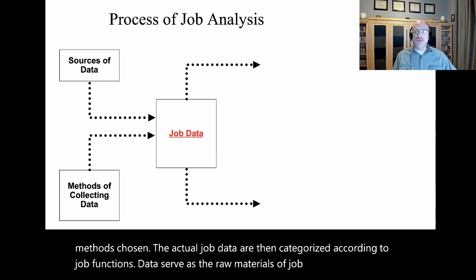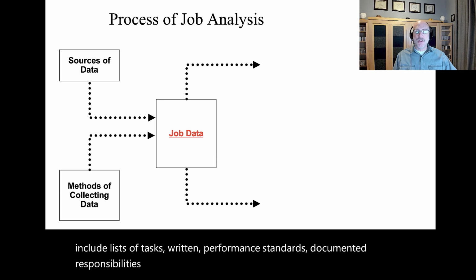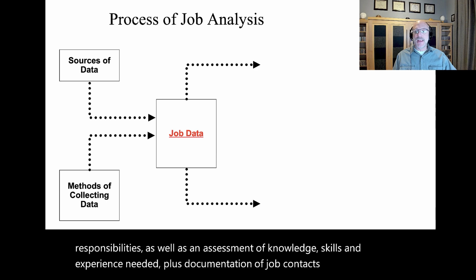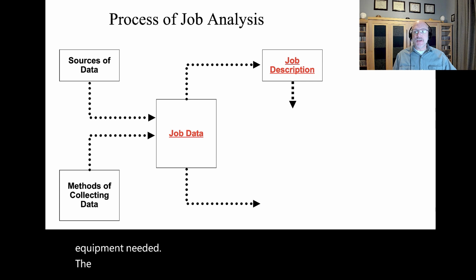Types of data include lists of tasks, written performance standards, documented responsibilities, as well as an assessment of knowledge, skills, and experience needed, plus documentation of job context, duties, and equipment needed. The fourth step is the synthesis of the data into the job description.